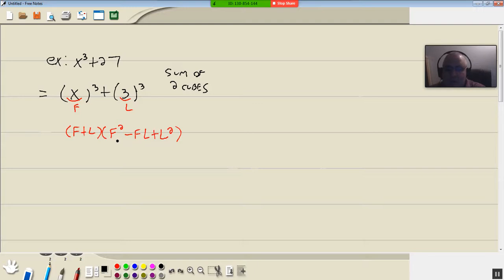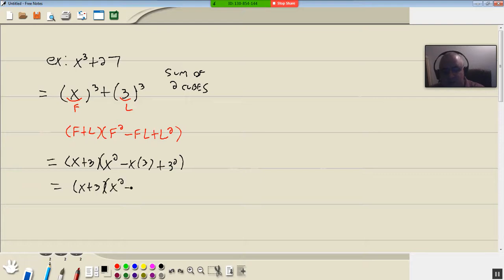So everywhere there's an F, I'll plug in x, and everywhere there's an L, I'll plug in 3. So I'm going to have x plus 3 times x squared minus x times 3 plus 3 squared. So that gives us x plus 3 times x squared minus x times 3 is 3x, and 3 squared gives us 9. And that would be our answer.